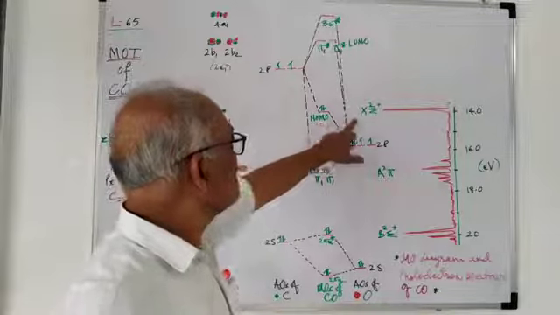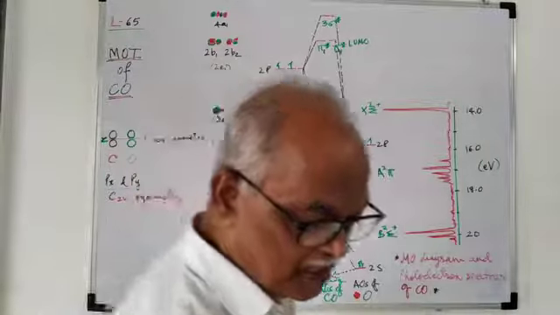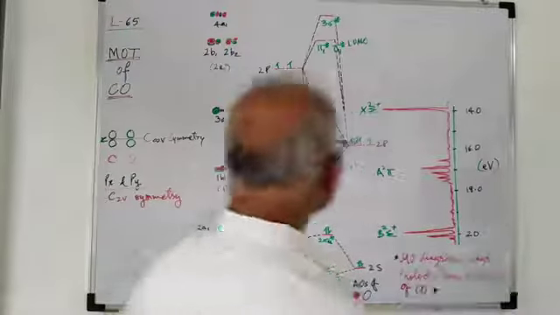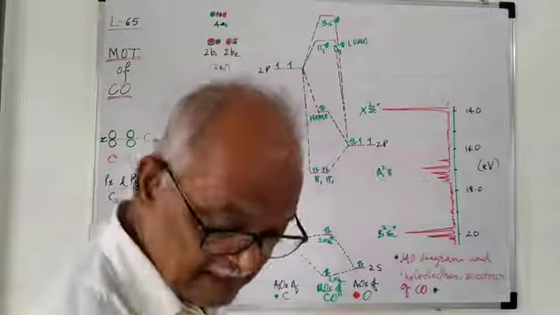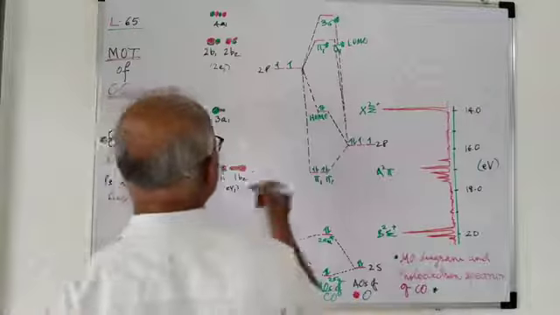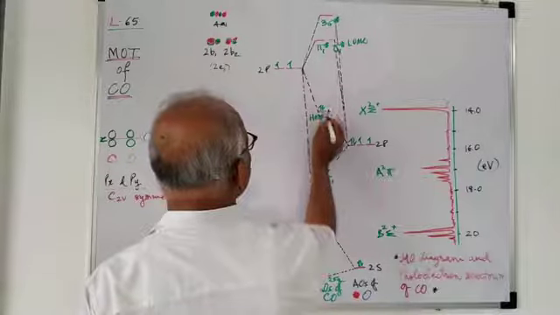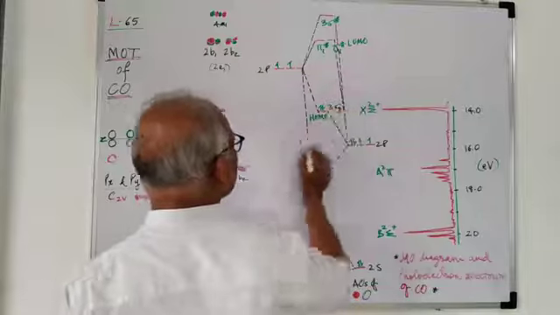So we can show here this sigma as 3 sigma G, like this.